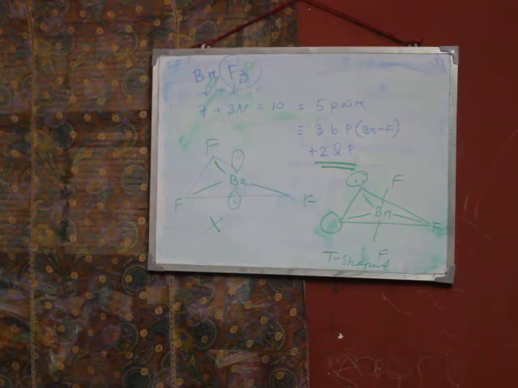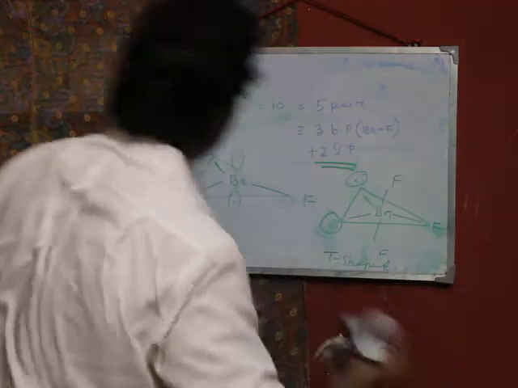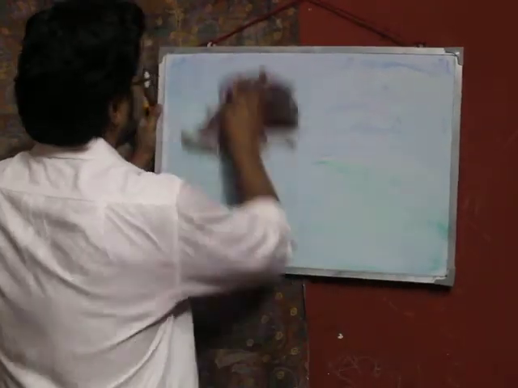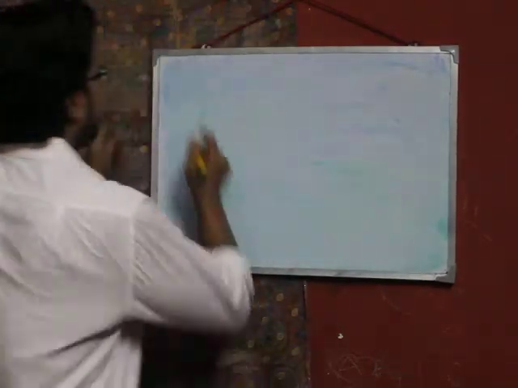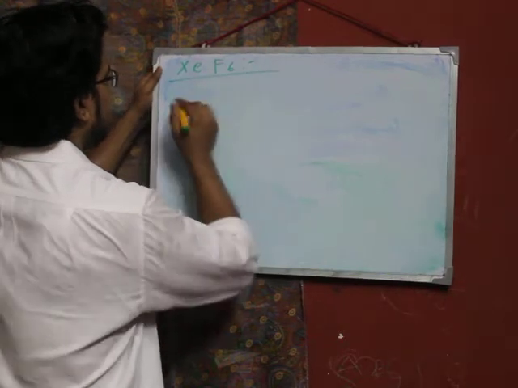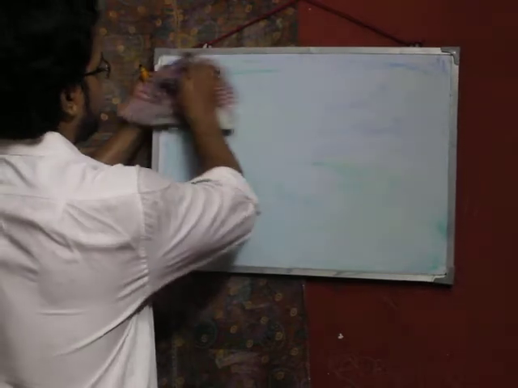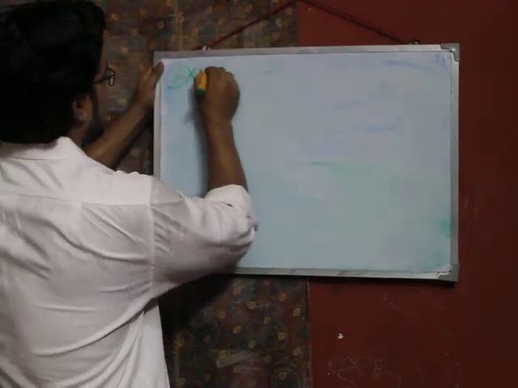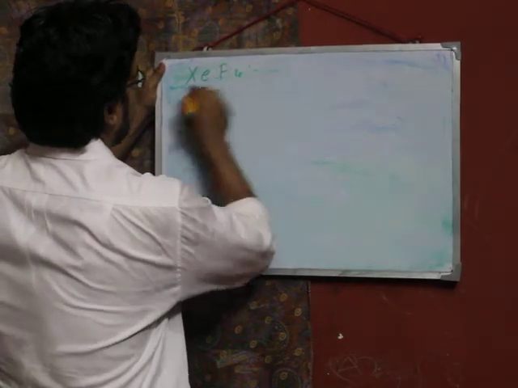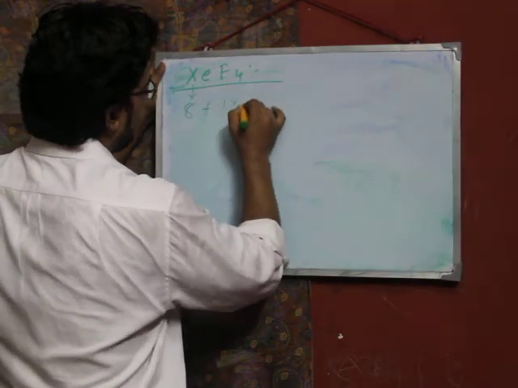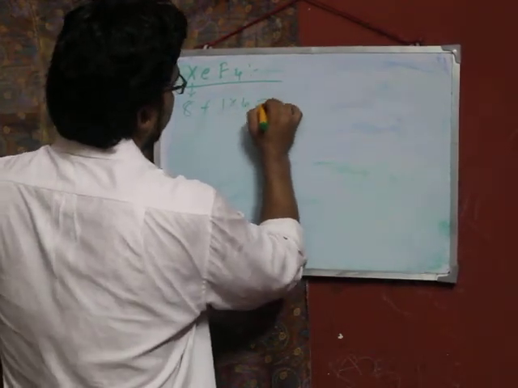Okay. Now coming to the last example, sp3d2, and here also we take a very good example, XeF4, and the easy calculation. Xe gives 8 electrons and 4 fluorines give 4 electrons.